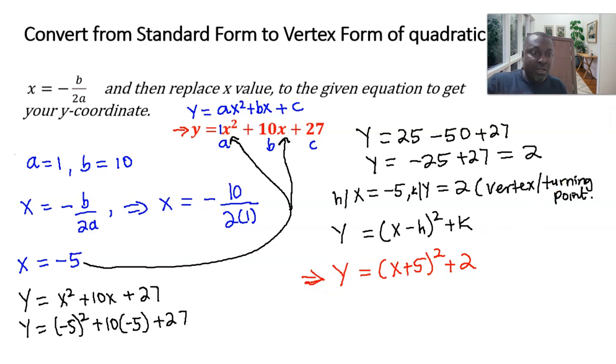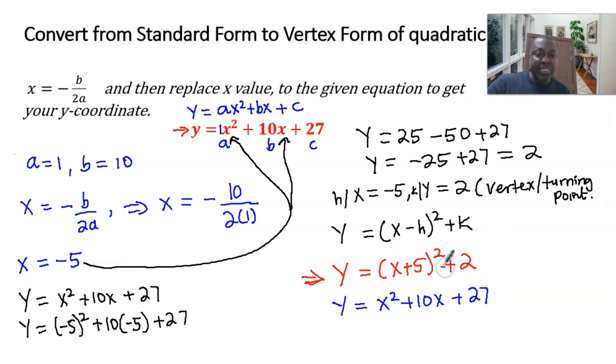Let me bring it closer for us to see. The standard that was given was x squared plus 10x plus 27. They are all equivalent, but they have different characteristics or different features that they are revealing.